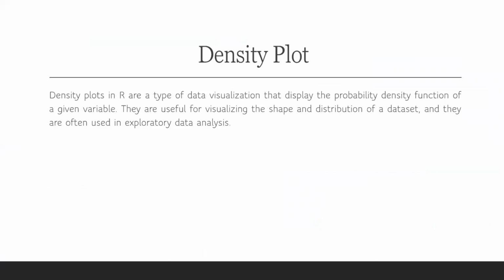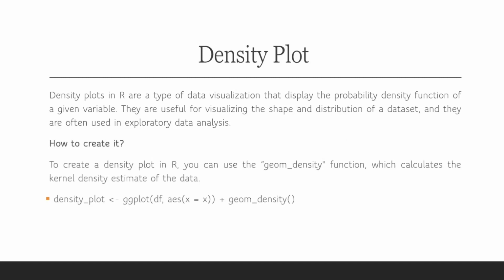Next, we have density plot. Density plots in R are a type of data visualization that display the probability density function of a given variable. They're useful for visualizing the shape and distribution of a dataset, and they are often used in exploratory data analysis. So, how to create a density plot?